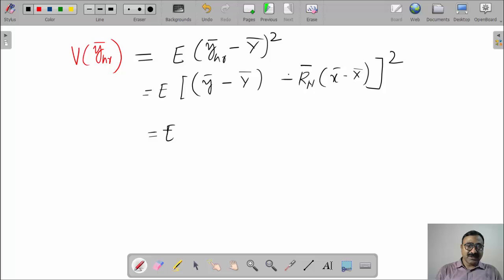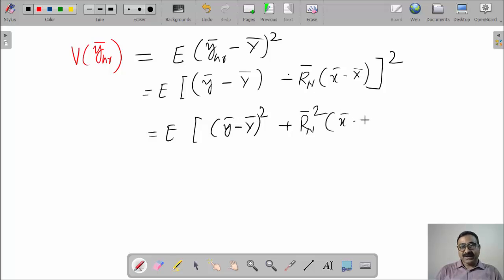Now this is equal to the expectation of y bar minus y bar whole square plus Rn bar square into x bar minus x bar whole square minus 2 Rn bar into y bar minus y bar into x bar minus x bar.